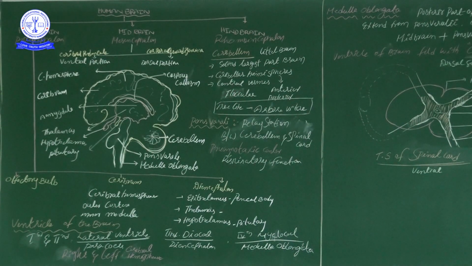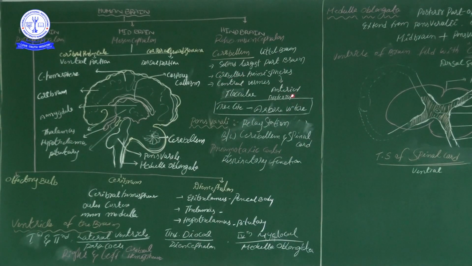I can't show these parts in this diagrammatic representation. When we have model classes, at that time I will explain them with images. Up to that, theoretically we have to remember the part names: central vermis and cerebellar hemisphere.